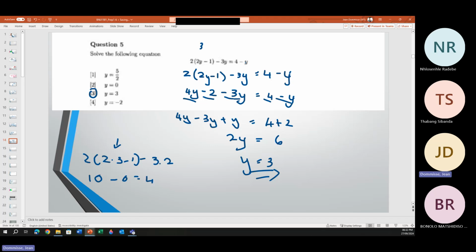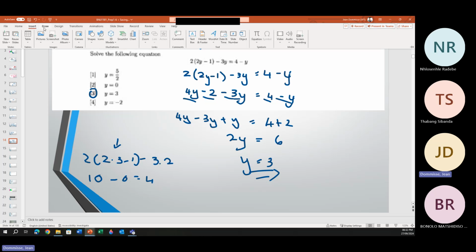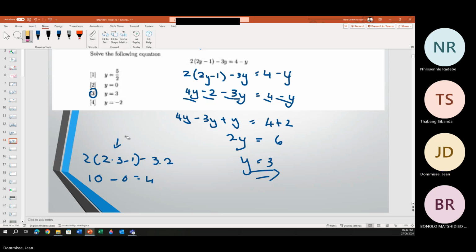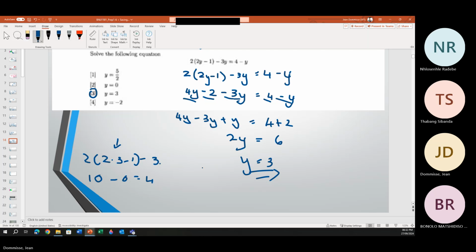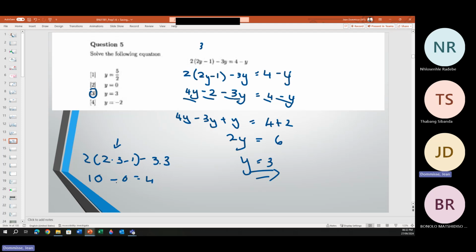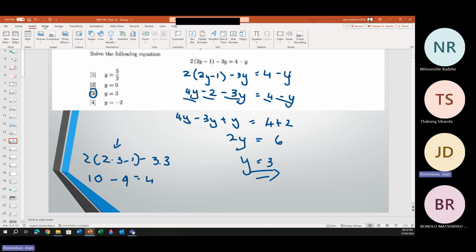Okay, there we get a different answer. So let's just quickly check. Okay, that must be not 2, but times 3. 3 times 3, so 10 minus 9 is equal to 1.